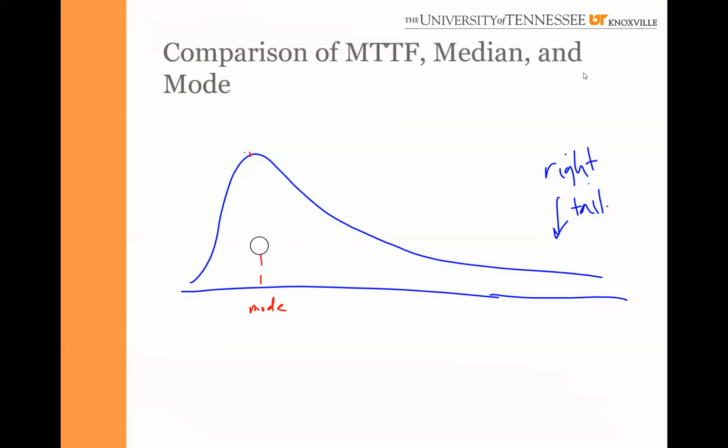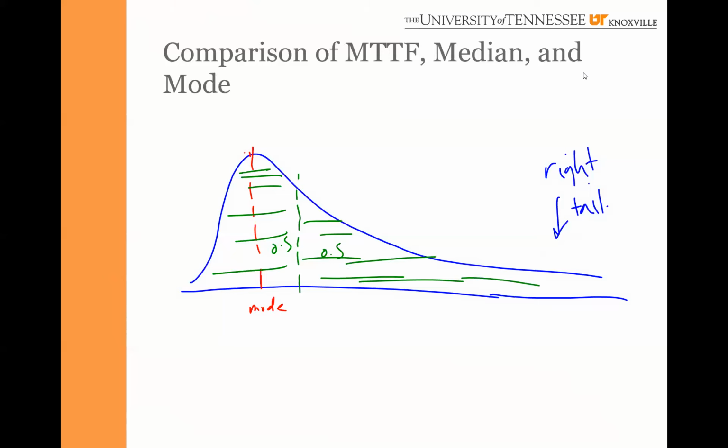Then the median will be where the area on both sides will be 0.5. This will be the median, mu tilde. And MTTF will be probably over here, so this will be MTTF or mean, for instance, in a right-skewed function.